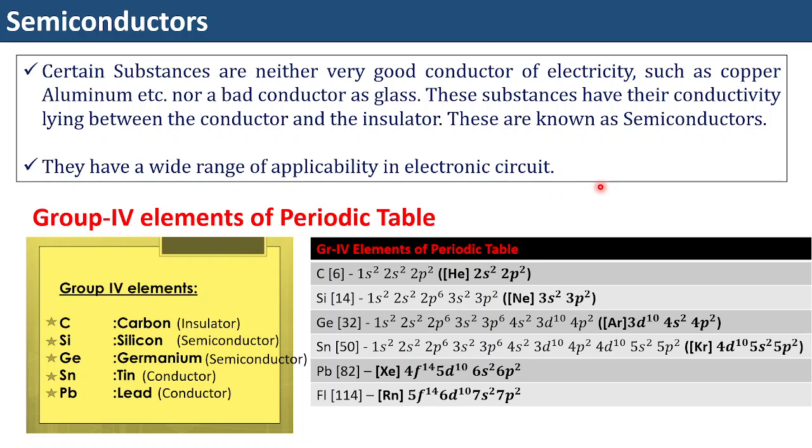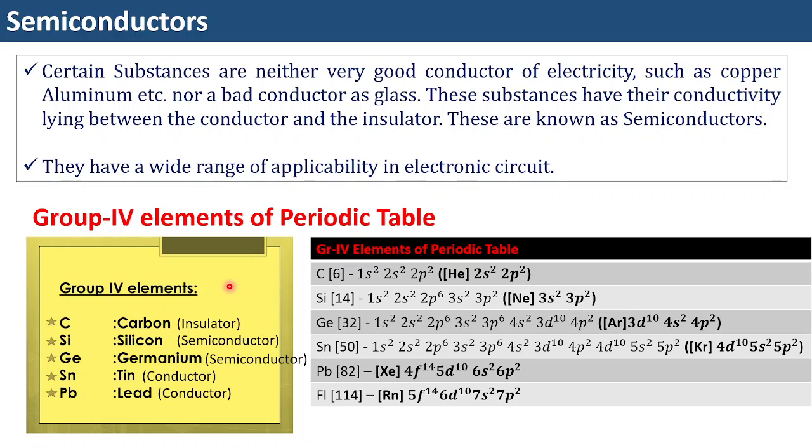Now, I would like to draw your attention to a particular thing at this point. Just look at the group 4 elements of the periodic table. In group 4, you can see there are carbon, silicon, germanium, tin, and lead. Now, if you see the conductivity behavior of these elements, you will see a peculiar behavior. The peculiar behavior is that carbon behaves like an insulator.